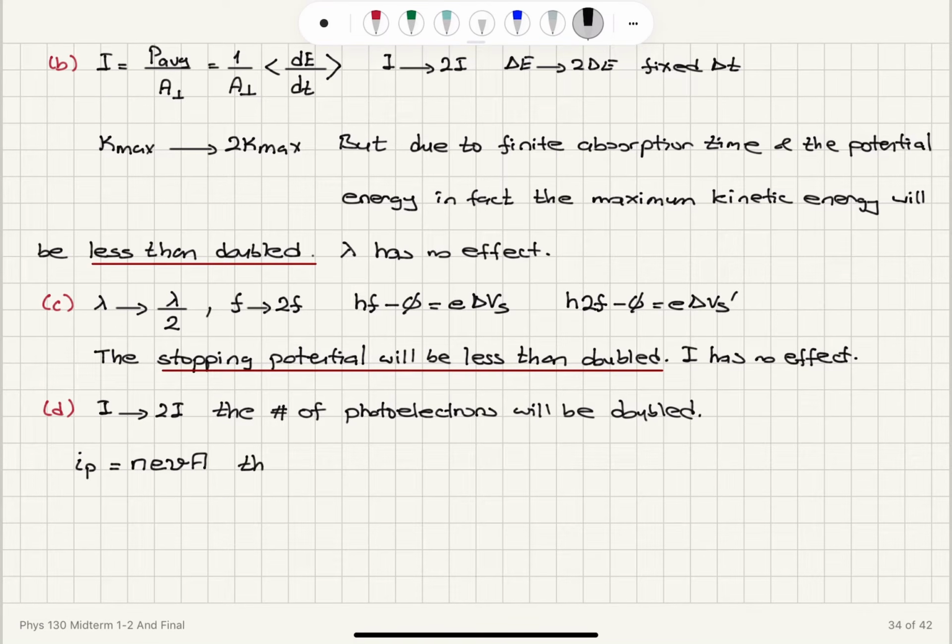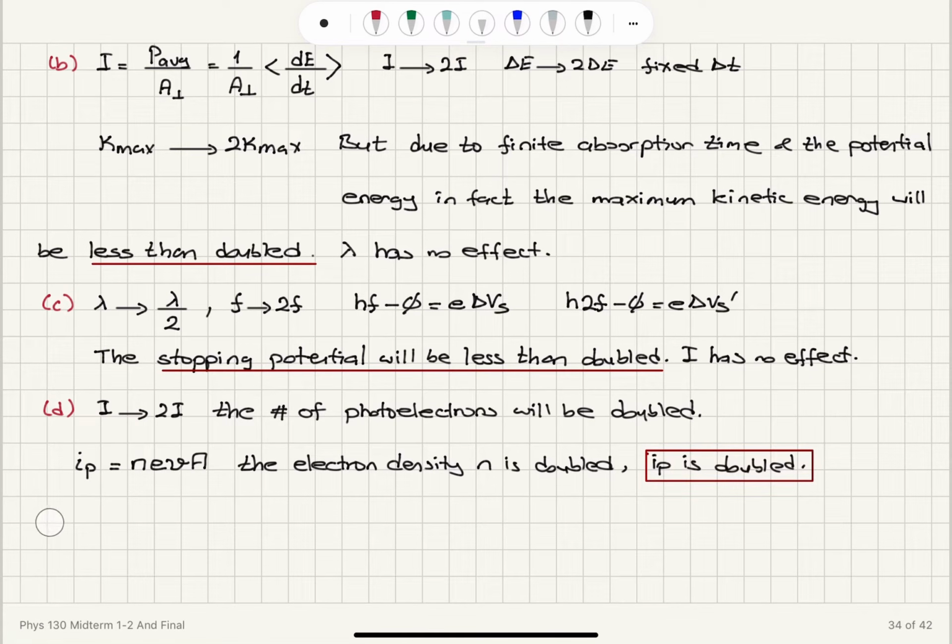The electron density, the number of electrons per unit volume, N, will be doubled, and the photocurrent therefore is doubled. So the ammeter will measure twice the original photocurrent when the intensity is doubled.